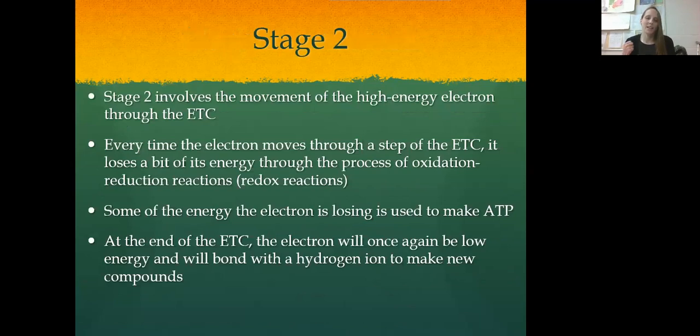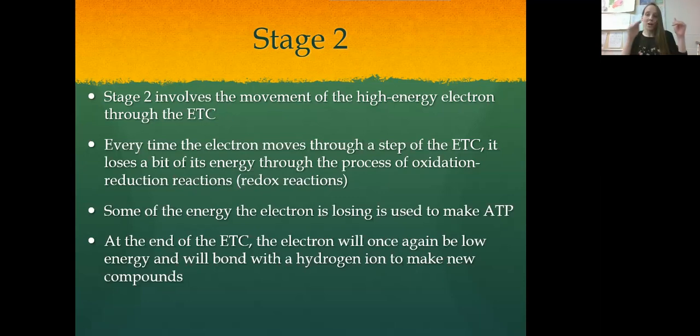Okay, stage 2 involves the movement of the high energy electrons through the electron transport chain. Every time the electron moves from one molecule to the next in the ETC, it loses a little bit of energy. Every time electrons are passed from one molecule to another, that's called a redox reaction, which stands for reduction oxidation reaction.